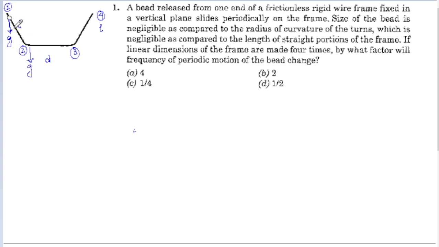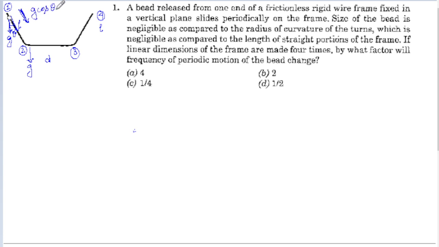But if we let the inclined segment make some angle theta with the inclination, then we can resolve g into components. The component of acceleration due to gravity along the inclination must be equal to g cos theta. So the acceleration component along the inclined wire segment is g cos theta.